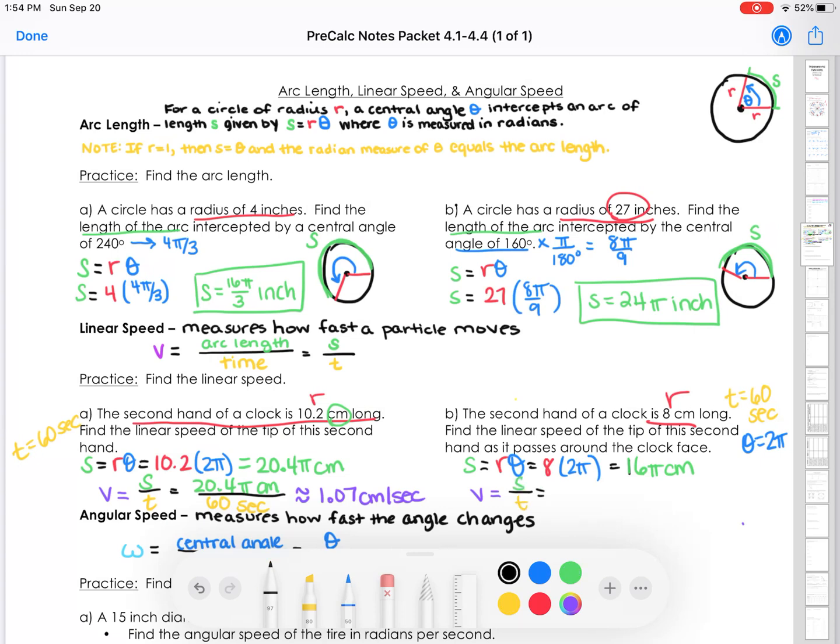We said S was 16 pi centimeters, and our time is 60 seconds. When we do that division, we're going to get about 0.8378 centimeters per second. Okay, so there's our velocity.